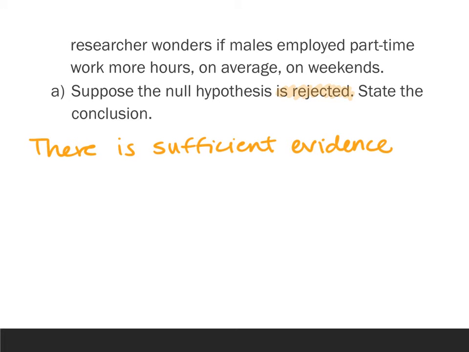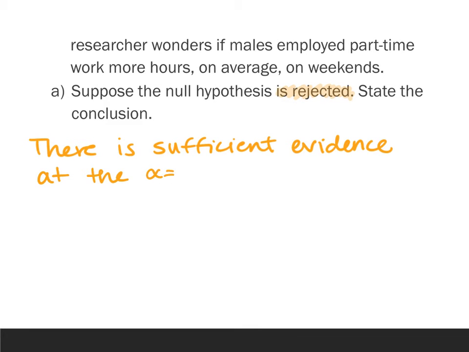So we'll start our conclusion with, there is sufficient evidence, and I like to state my significance level. So in this case, we don't have that because we haven't been given all the information we need in order to run our hypothesis test. But there's sufficient evidence at the, and then remember we said alpha was our significance level.